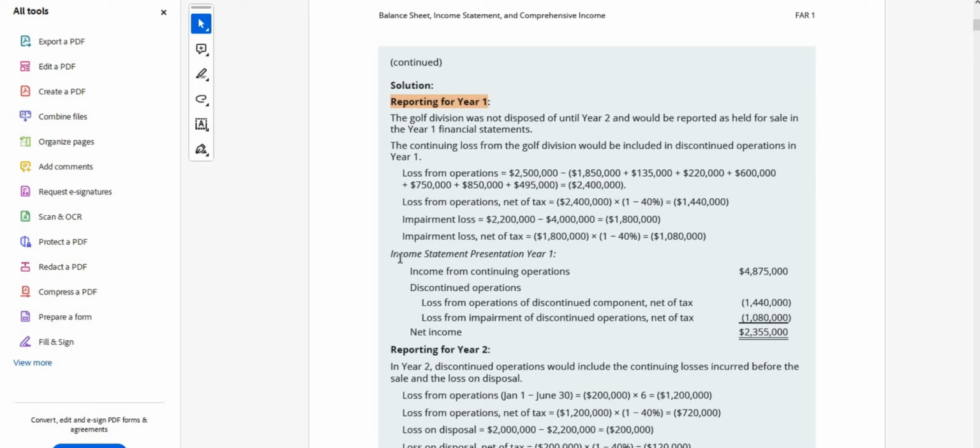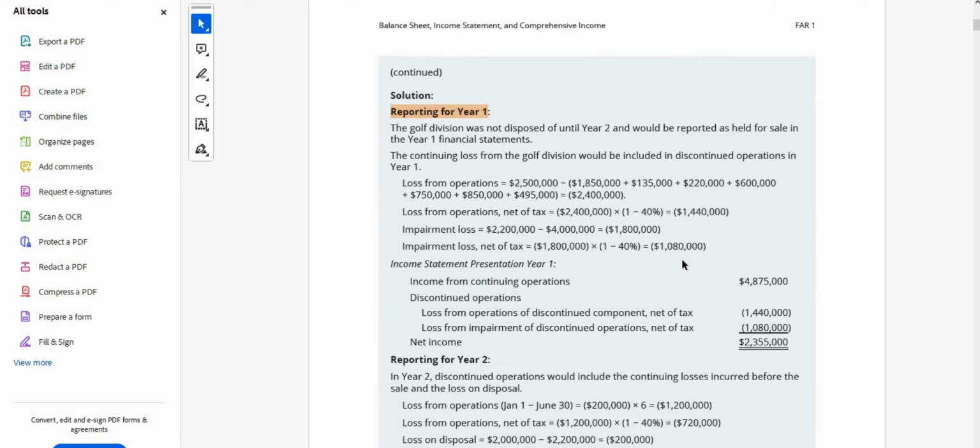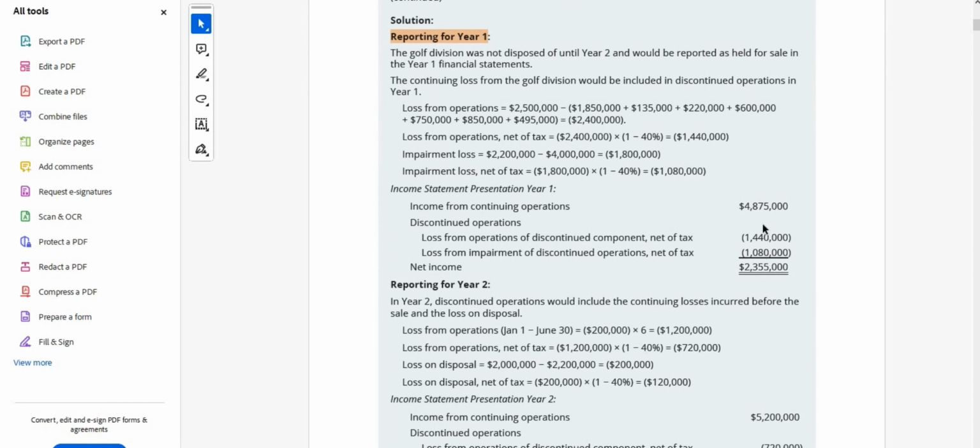So how will we present it in the income statement? In year 1, income from continuing operation is 48,75,000.